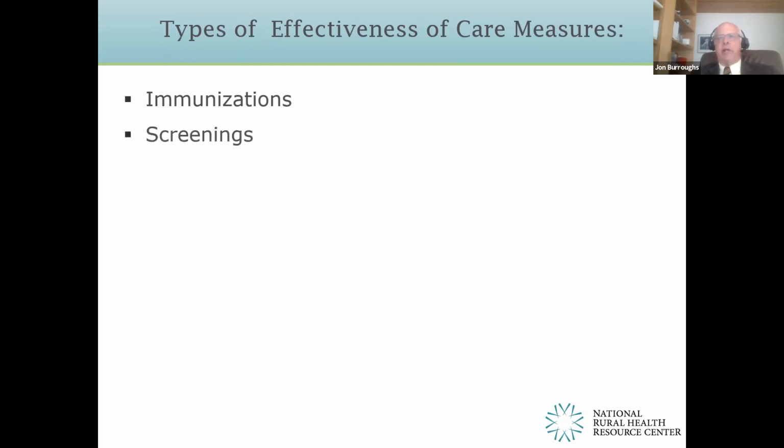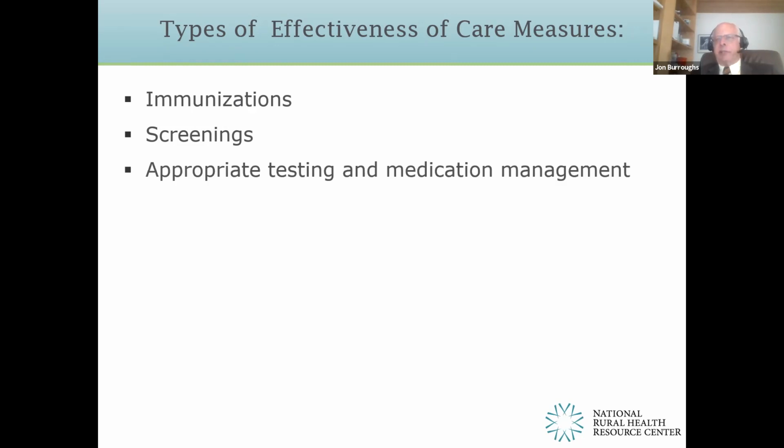Screenings, vitally important. Under the traditional fee-for-service system, people were not paid for screenings. And it's vitally important that you get into a payment plan that enables you to get paid appropriately for healthcare screening and wellness evaluations. Appropriate testing and medication management. One of the huge legal issues in the United States has been fraud and abuse.